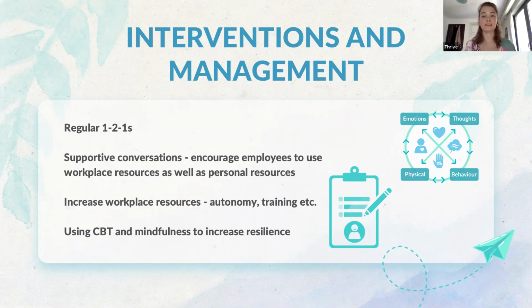Yeah. Thanks, Dom. And I just want to quickly mention also increasing the workplace resources, because that's what we were talking about before in the models, the job demands-resources model.